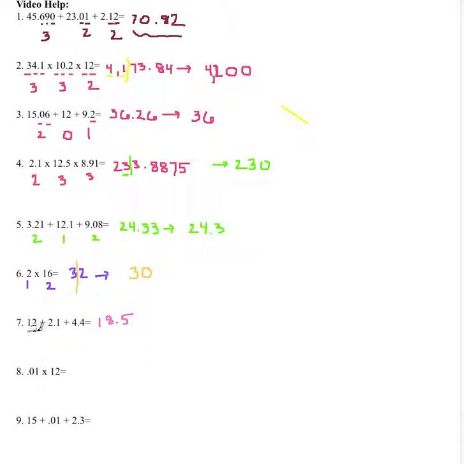So here, I have 0 decimal places. Here, I've got 1, just this one right there. Here, I've got 1, and so my final answer needs 0 decimal places. So as a result, I'm going to round this number. And since the number after the 8 is 5, which is 5 or larger, the 8 is going to round up to a 9, so it will just become 19.